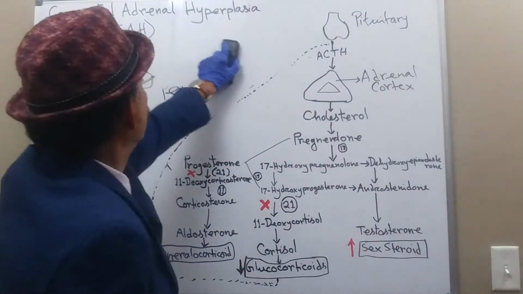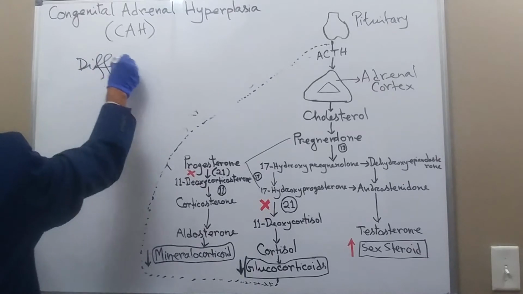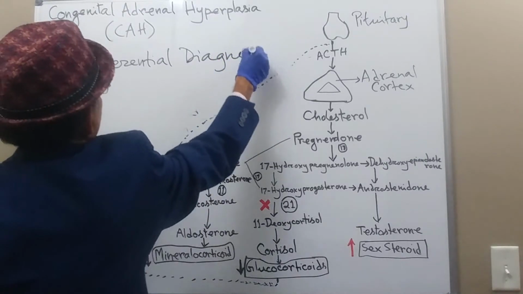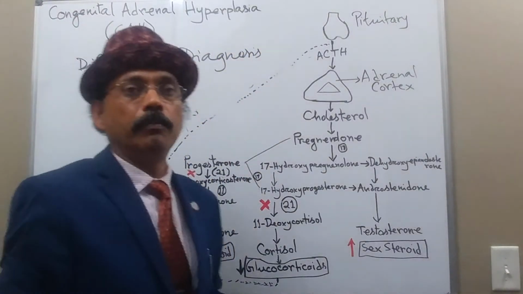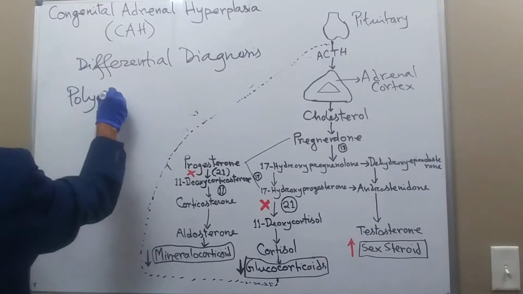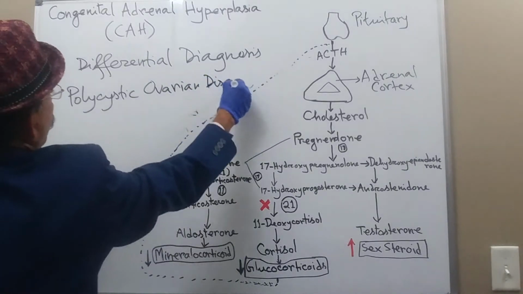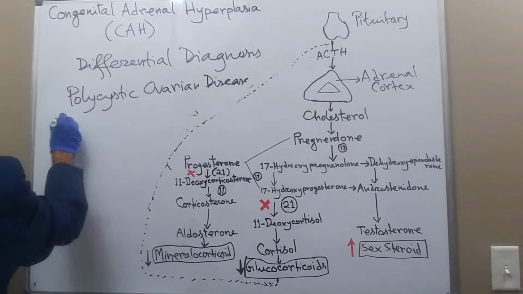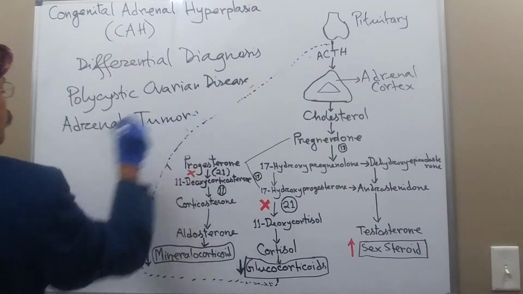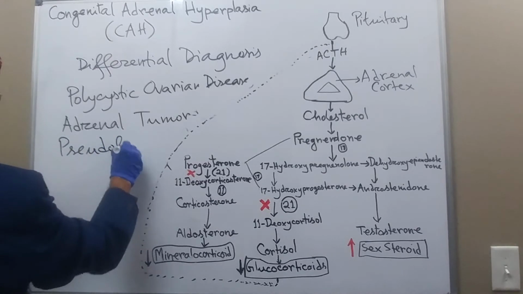Okay, so what are the differential diagnoses? In the case of a female, it may mimic polycystic ovarian disease. Or there may be an adrenal tumor. Pseudohermaphroditism.